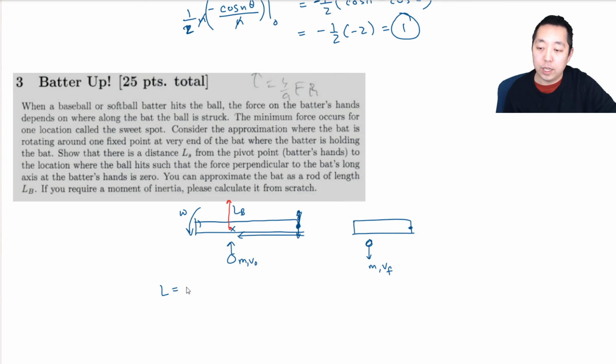So we'd say L is equal to I omega minus m, the rotational inertia of this thing, minus LB, no, LS.